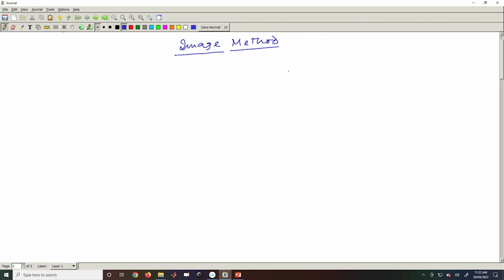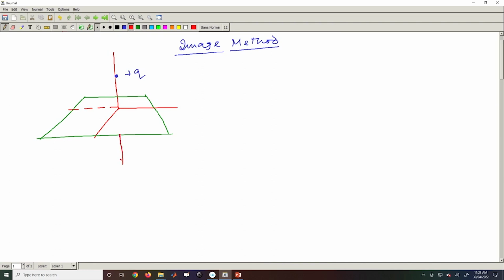For example, in the last day's problem we had a coordinate system like this, and we had a plane like this, and one charge was placed here, and it was asked what should be the electric field at some point at r above this conductor. That was the z direction.